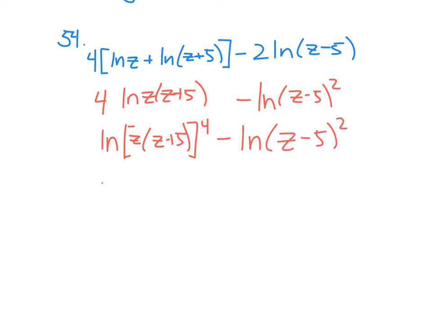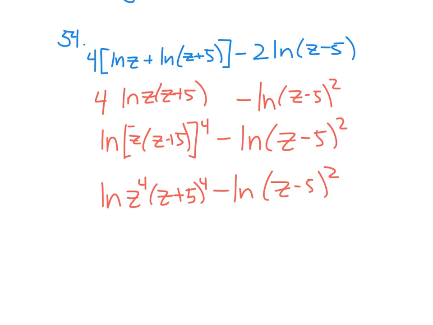It's probably better if it was z to the fourth, z plus 5 to the fourth. Does that make sense? So the final thing would be what? Z to the 4th times Z plus 5 to the 4th over Z minus 5.